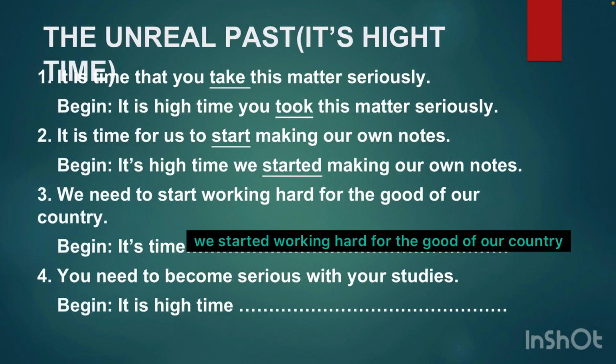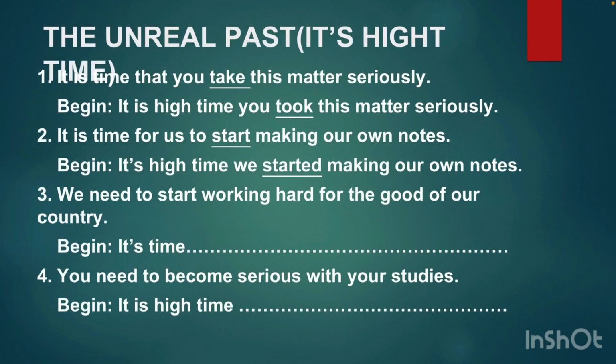And the last question on the unreal past. You need to become serious with your studies. It is high time. So remember, we don't count need as a verb here. It's not a verb. So you need to do what? Become. So become is our main verb directly connected to the subject, which is you.